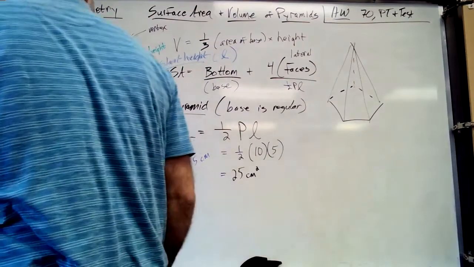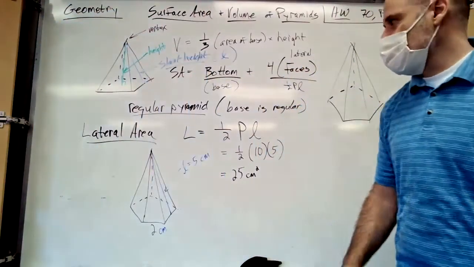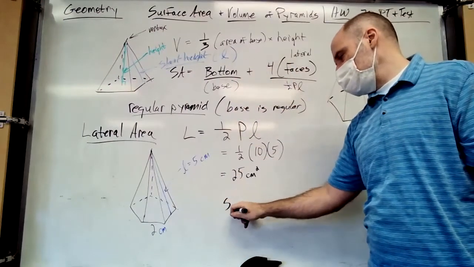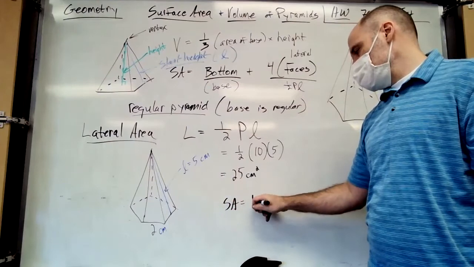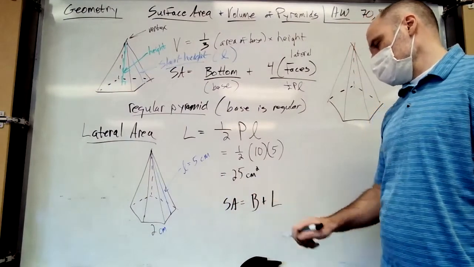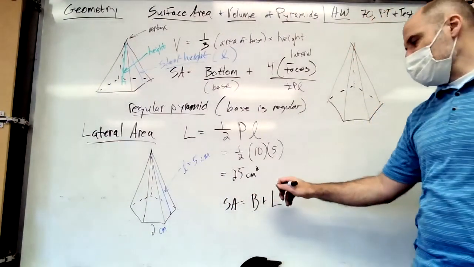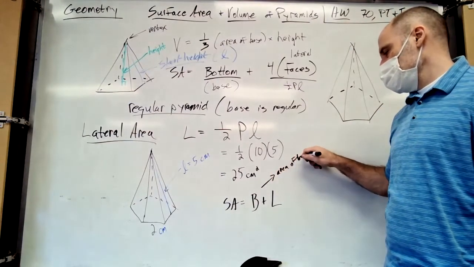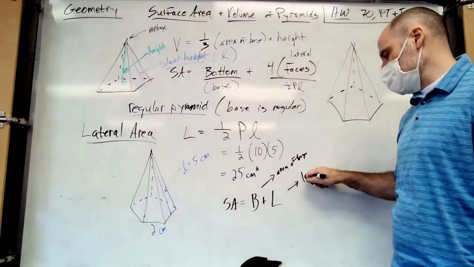Okay, so here's how Saxon calls it. Instead of this confusingness, they say surface area equals B plus L. So capital B means area of base. Capital L means lateral area.